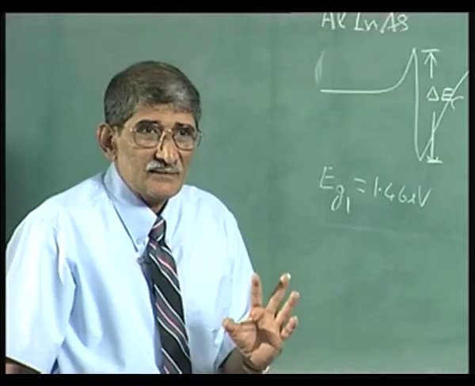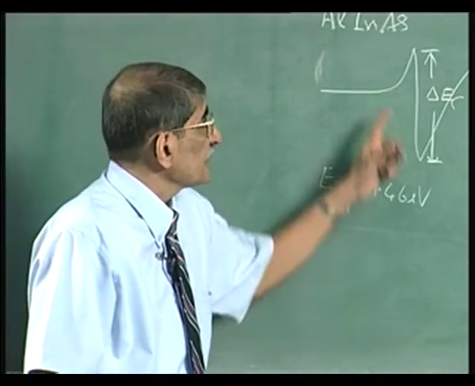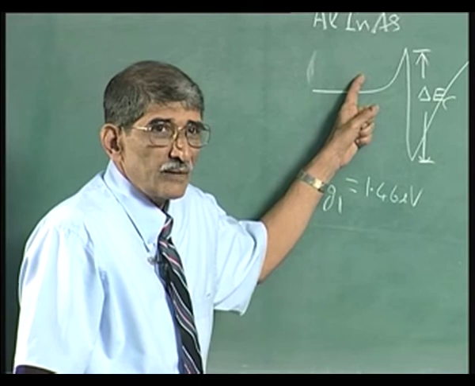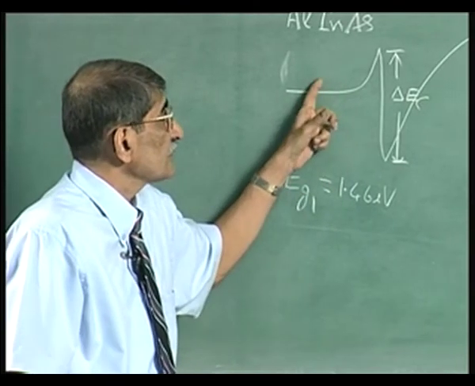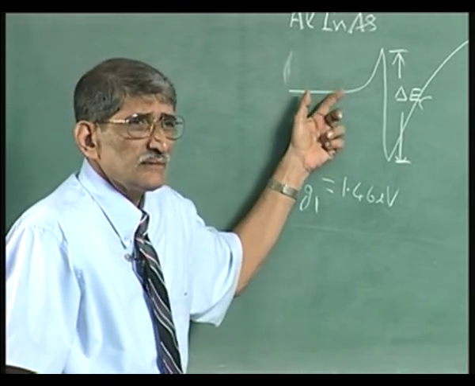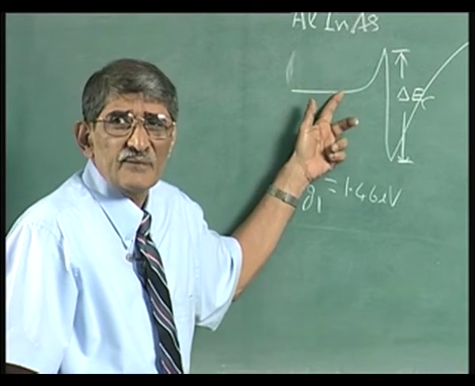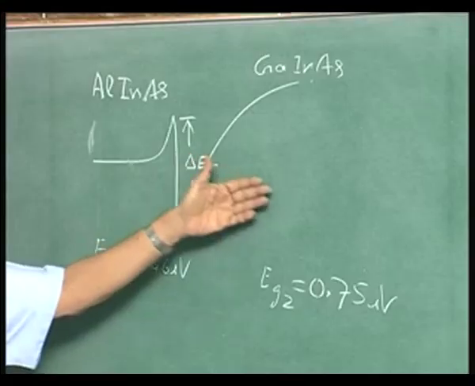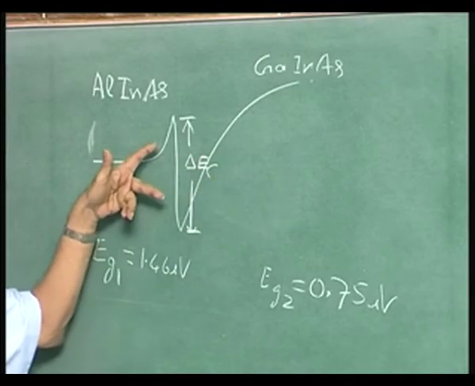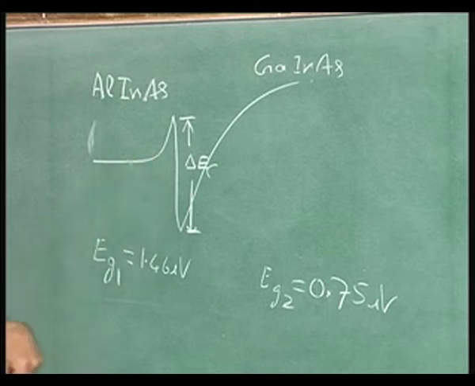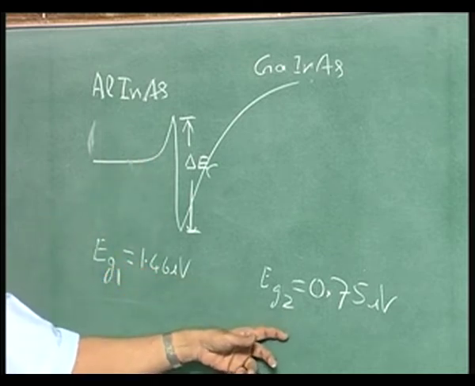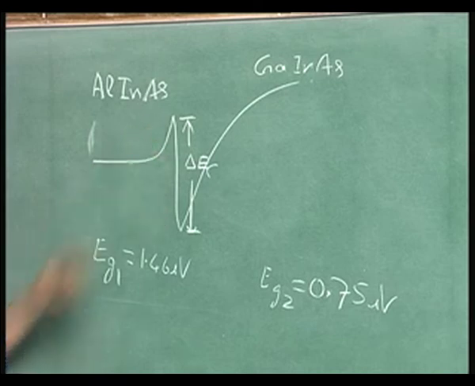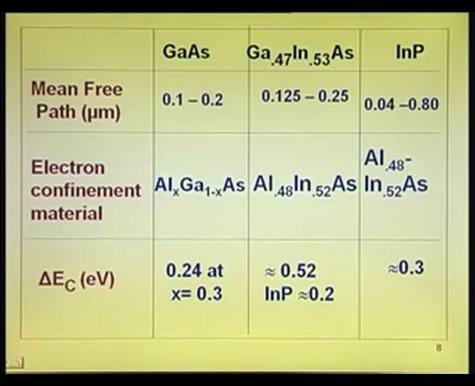In the AlGaAs gallium arsenide system, this band gap was 1.43 and this was 1.9 or so, 1.93 if it is 0.4, but it was less than that. So, even if it is 1.93 and 1.43, you got about 0.5, but here the difference is 0.7. Therefore, this delta EC is higher in this case. You can see that delta EC is higher, shown here as 0.52.